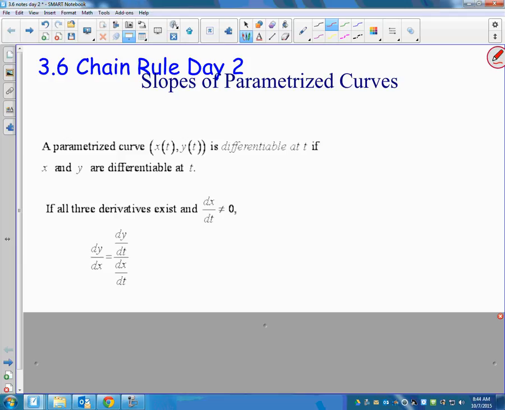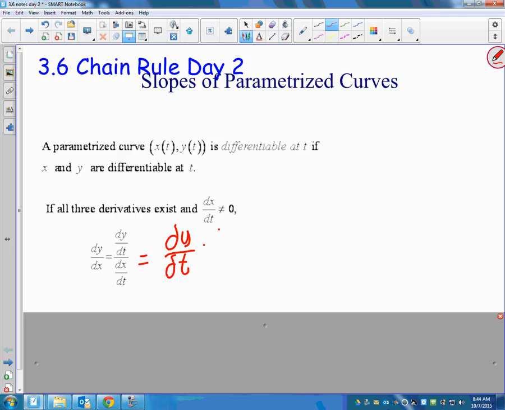This is where I think it's helpful instead of just writing y prime, because if you just wrote that, it's kind of tricky to see how it all matches up. But if you want to take the derivative with respect to x, think about dy over dt divided by dx over dt.